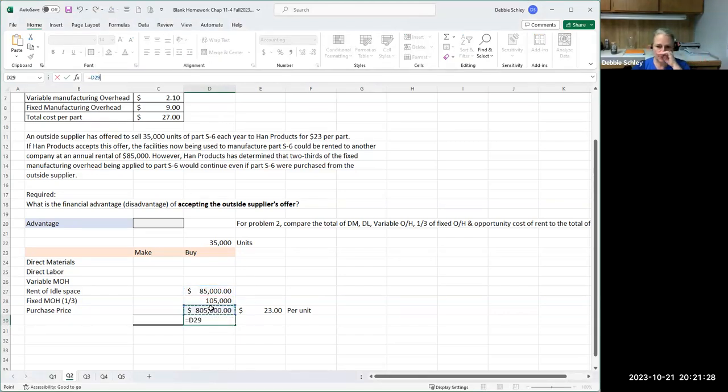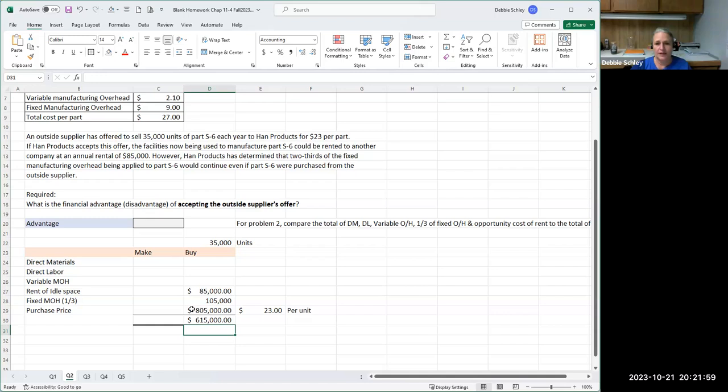So this is our purchase price. This is an expense that's going to go away. So we subtract that. And this is a revenue. So we subtract that from the expense because it's opposing. Oh, that's not right. Excuse me. And so we come up with a final cost of 615,000.